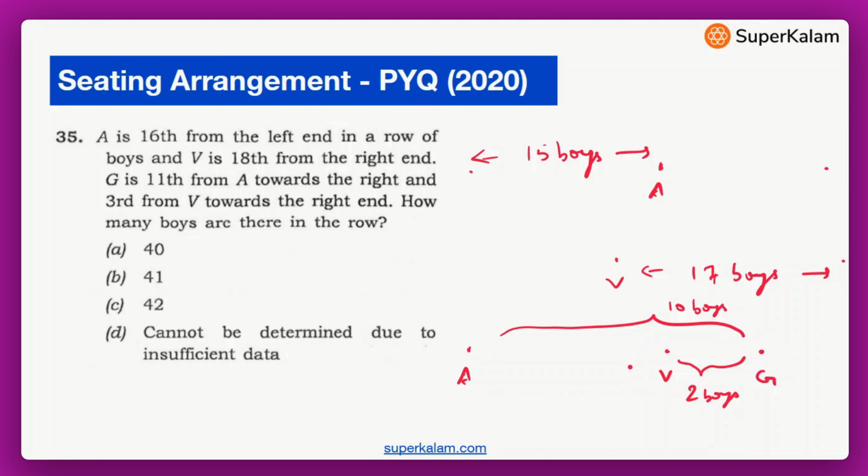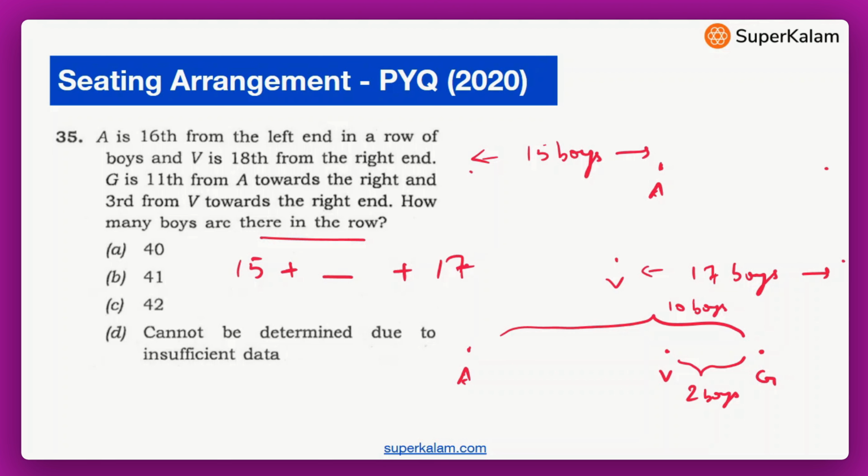Now, tell me how many boys will be there. What is asked is how many total boys are there in the row? We know before A, there are 15 boys. After V, there are 17 boys.